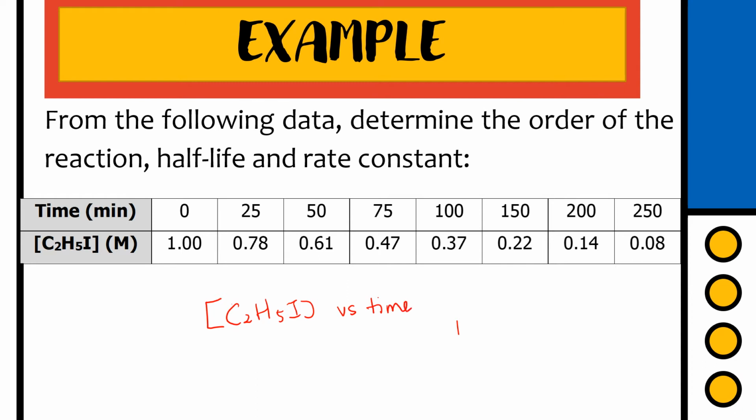That will be the graph that you will plot. I want you to plot it on graph paper. Now let's look at what will happen. There are three things that the question asks you to find. First, the order of reaction.